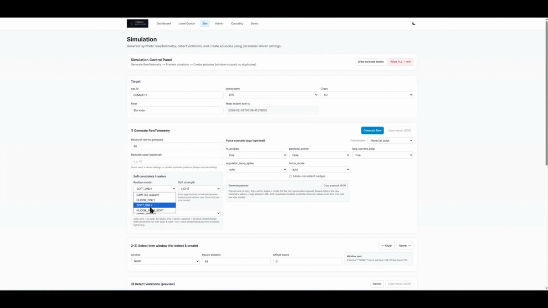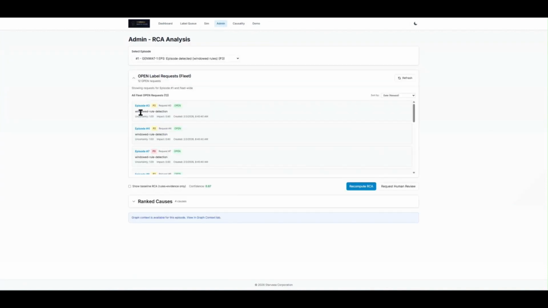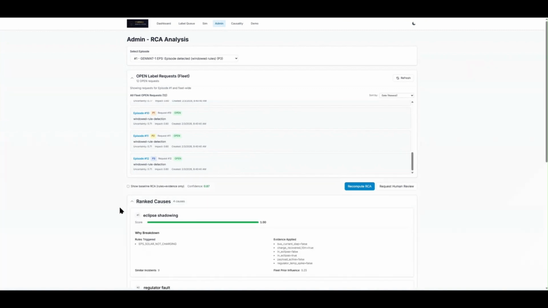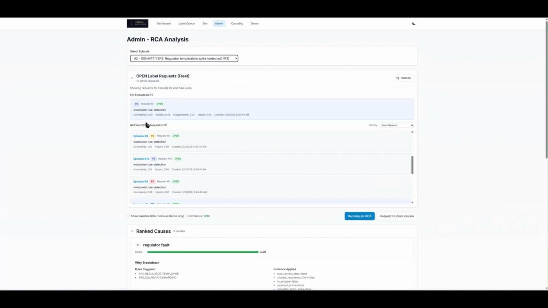And yeah, simulation, we already know. Admin is where all the open label requests are. So we can see all the open ones, 3, 4, 7, they are left. And then the ranked causes are also here. If you pick an episode, say episode 2, then these are the ranked causes.